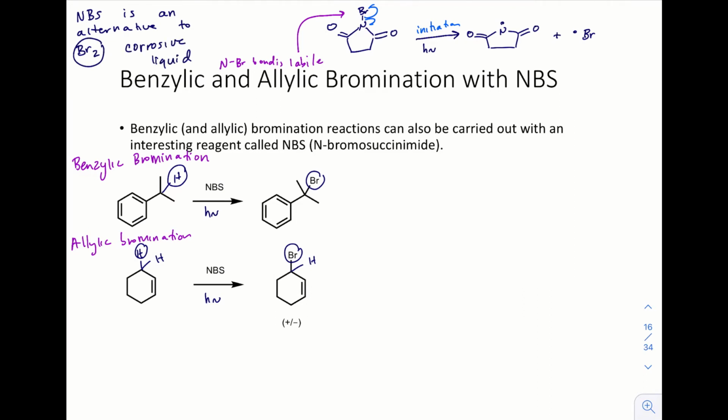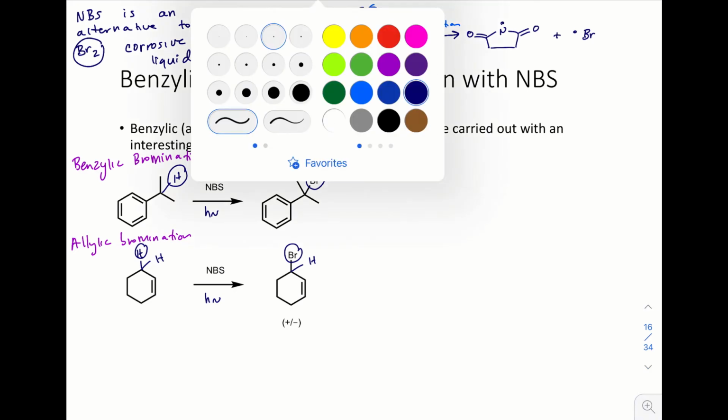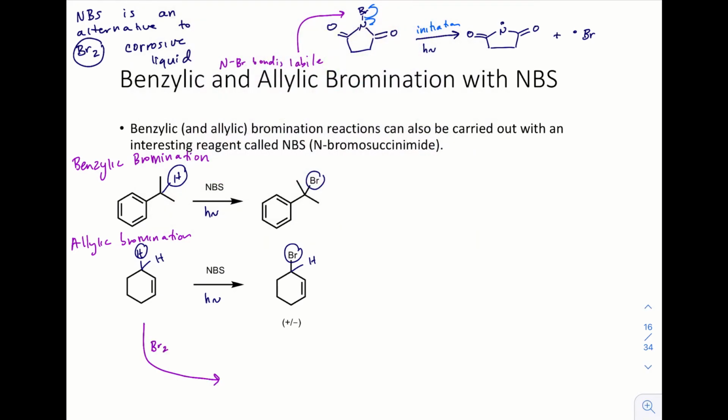Also, what have you previously learned that bromine will react with alkenes? Yeah, we've learned that it'll make these dibromides. So bromine in the dark, so with no light, unconcentrated, will favor just formation of the vicinal dihalide.